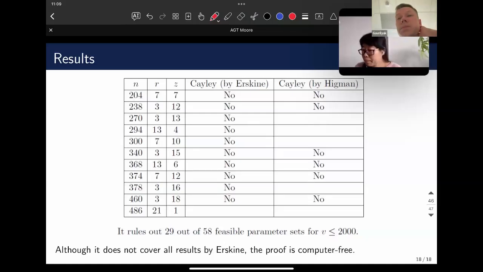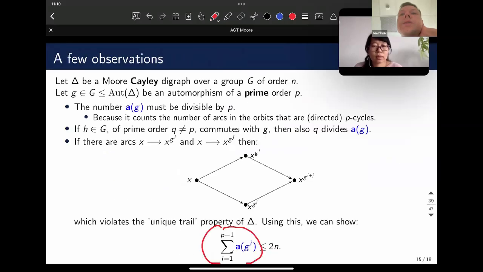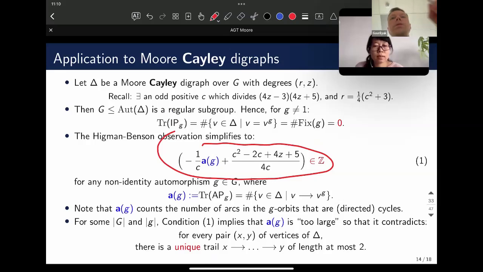Yeah, so that's pretty much all I wanted to say. I just wanted to also say that what we did in this work is kind of cherry picking, because we assumed that, for example, the digraph is a Cayley digraph, and so, like I said, this simplifies the Higman-Sims formula, because the number of fixed points equals 0.